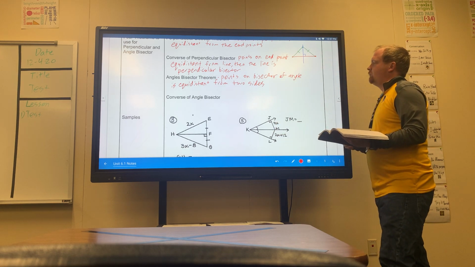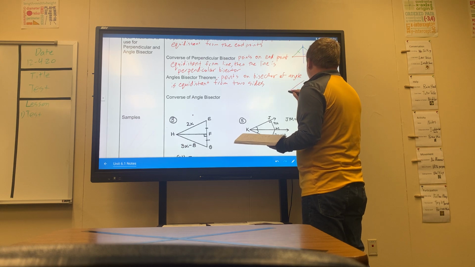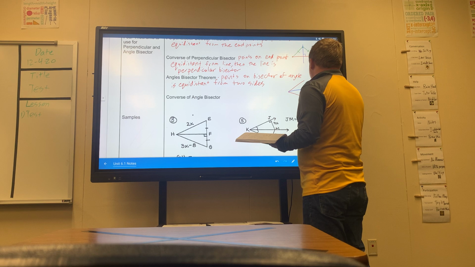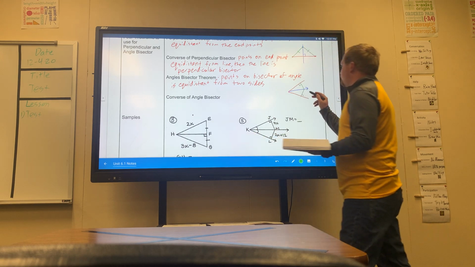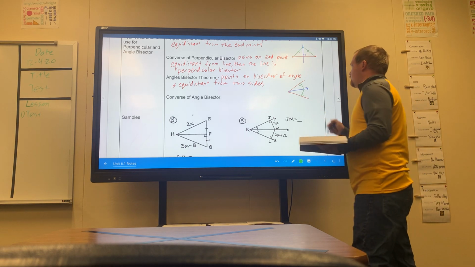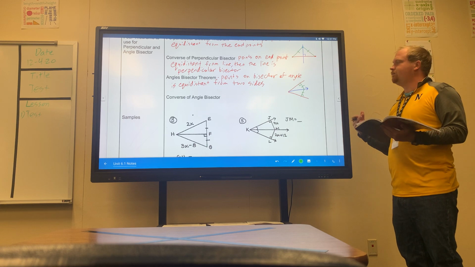Okay? So let's say I have an angle right here. Here's my angle bisector. Now if I draw the distance, which by the way, the distance closest to the line is perpendicular, so that's why I have right angles here. These are equal distance from each other. That's what it's going to look like.